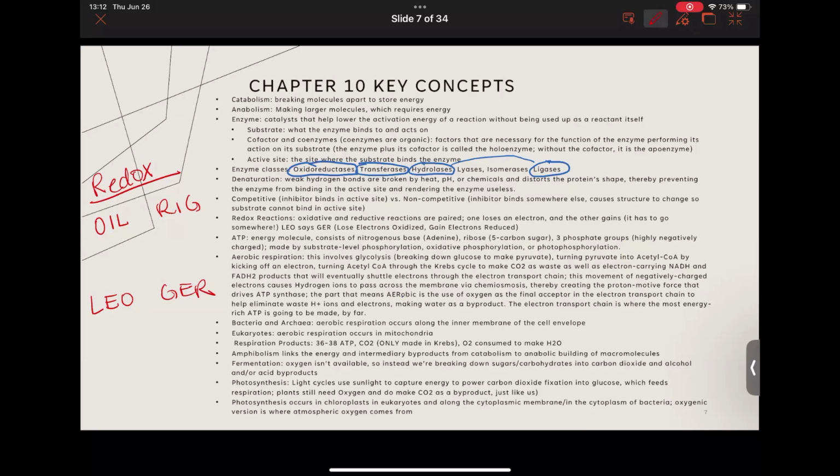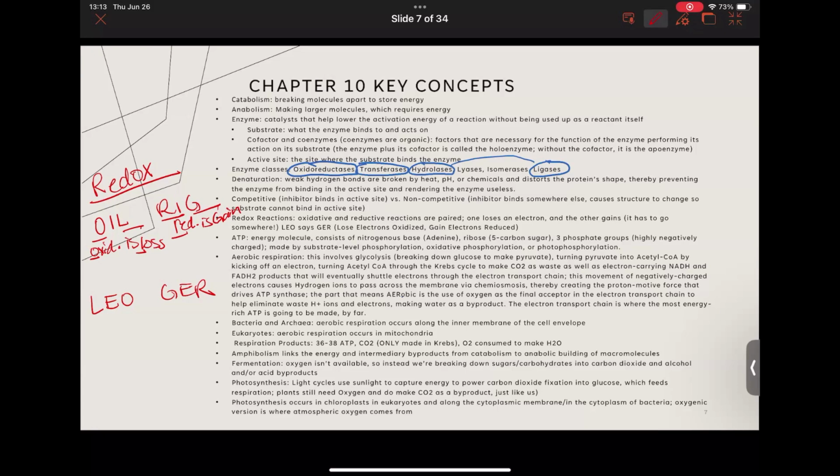So starting with OIL RIG, oxidation is loss. Oxidation is loss. And then reduction is gain.